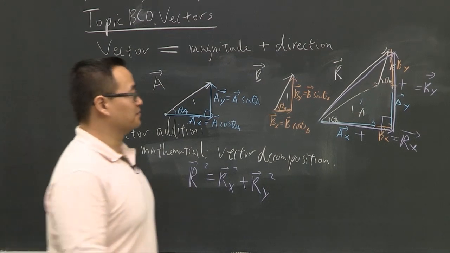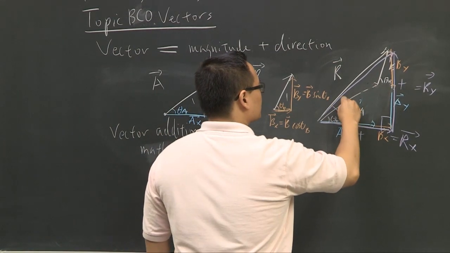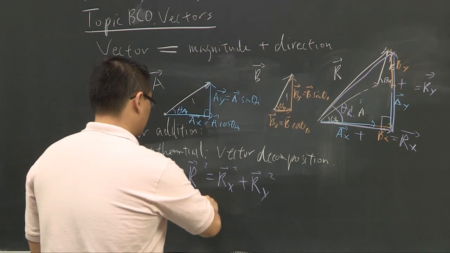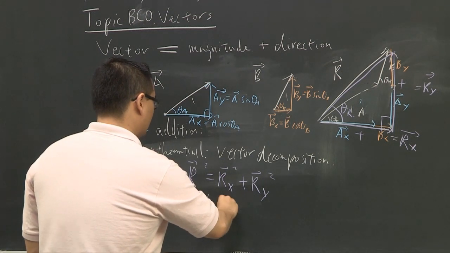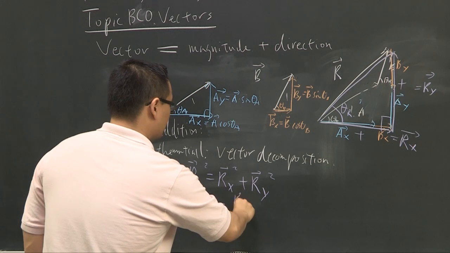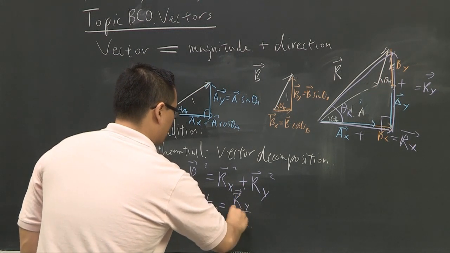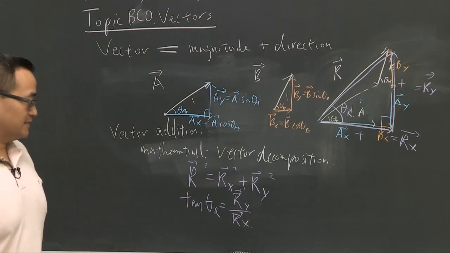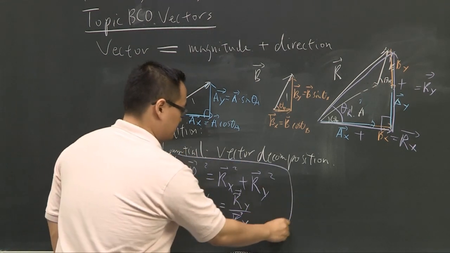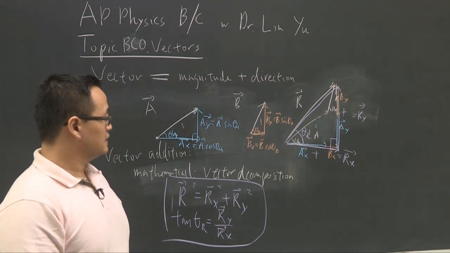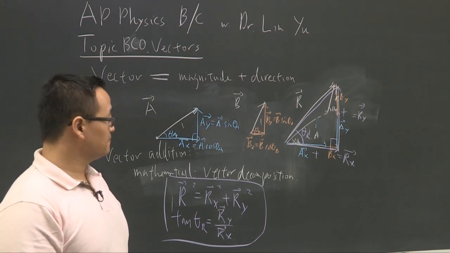And the angle theta of R, tangent of theta of R, is going to be Ry divided by Rx. And that's it. Okay? See how it's done? Right?